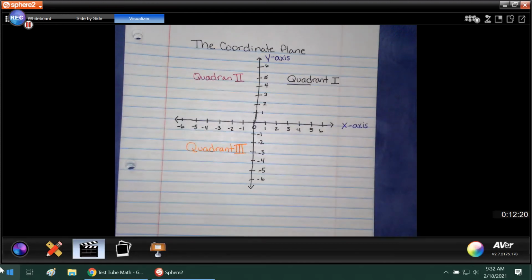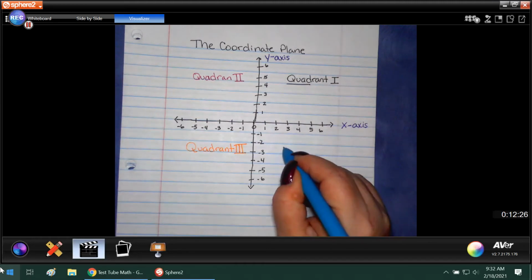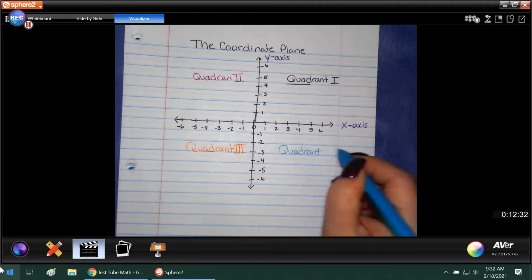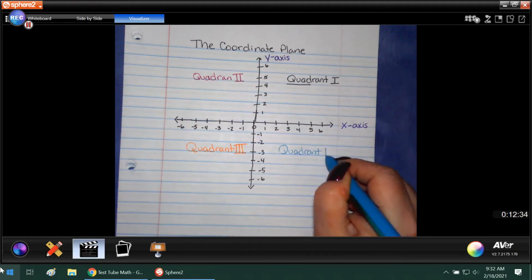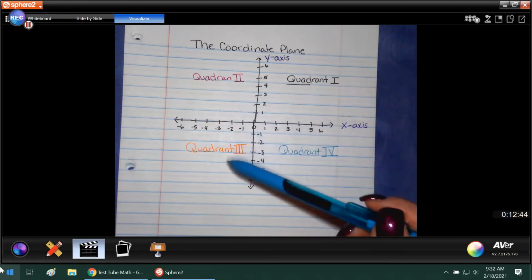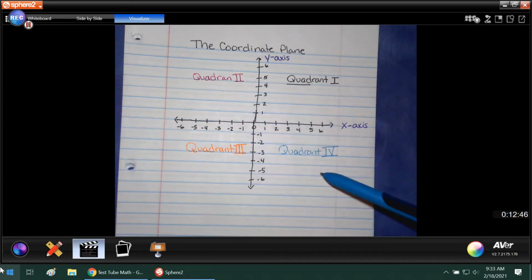All right, and then our final section, hopefully you're going to know that this is quadrant 4. And 4 is an I with a V. Roman numeral 4. All right, so counterclockwise, quadrant 1, quadrant 2, quadrant 3, quadrant 4.